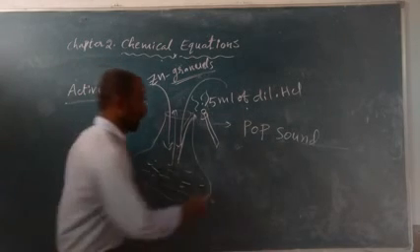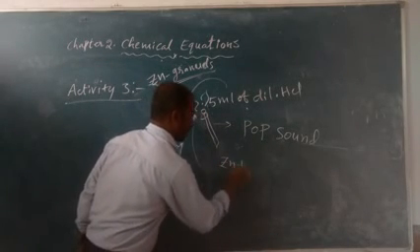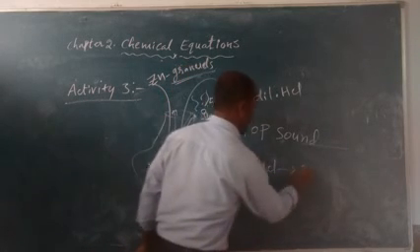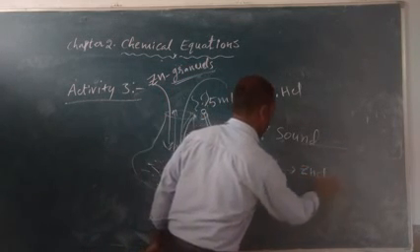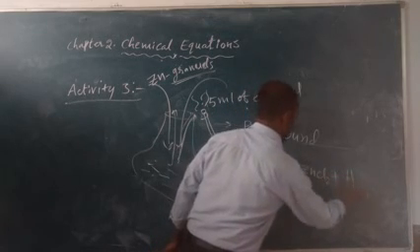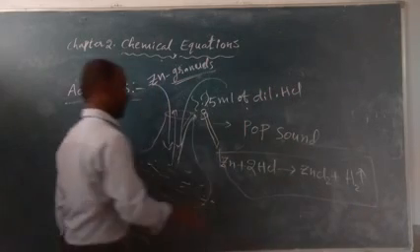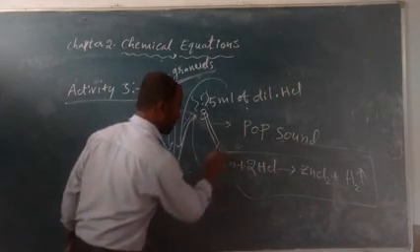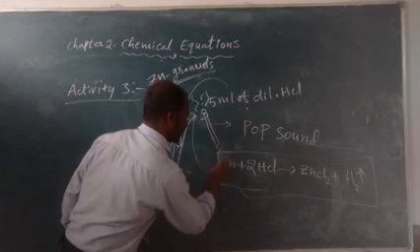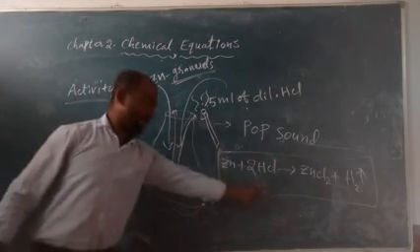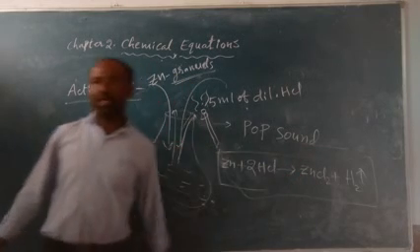So Zn reacts with 2HCl and gives rise to ZnCl2, zinc chloride, plus H2 gas. Hydrogen gas comes out through this reaction. Is it clear now? Zinc, Zn, when reacted with the hydrochloric acid, forms zinc chloride and hydrogen gas.